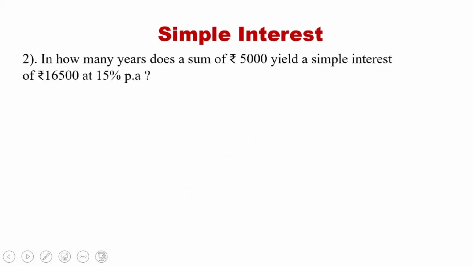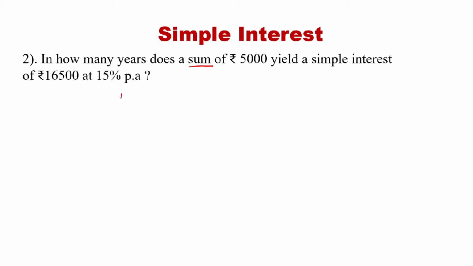In how many years does a sum of 5,000 rupees yield a simple interest of 16,500 at 15 percentage per annum? See here, sum means capital. Capital is also called principal.